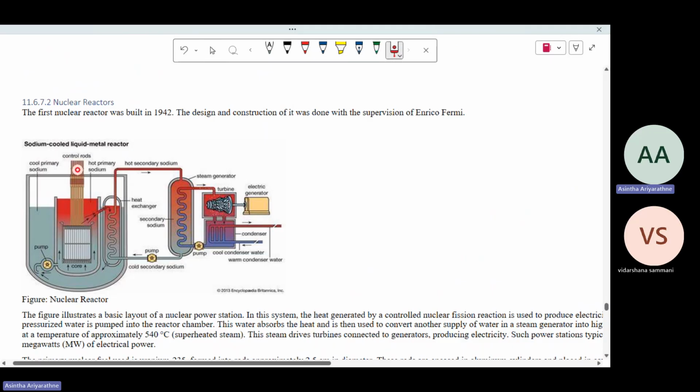By inserting these control rods in between the uranium rods, this nuclear reaction process could be controlled. Right?